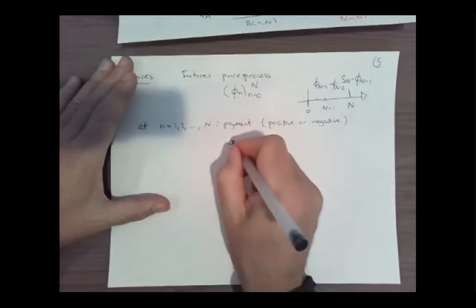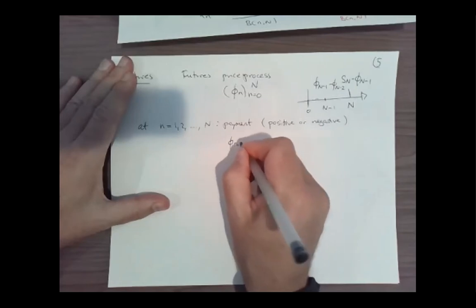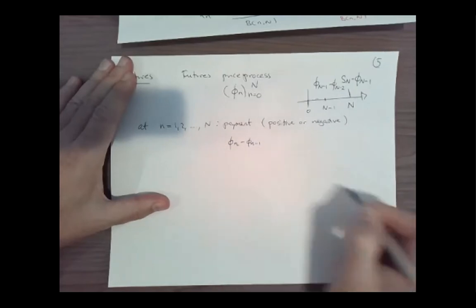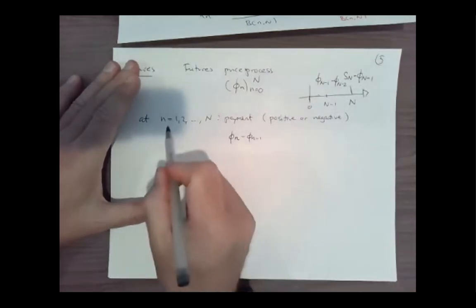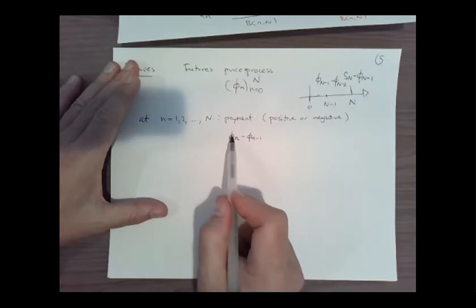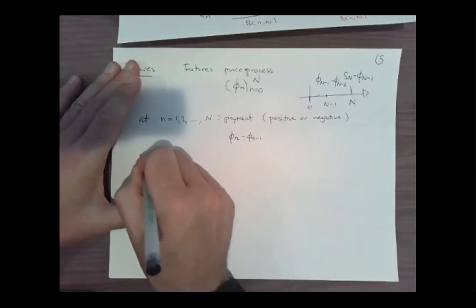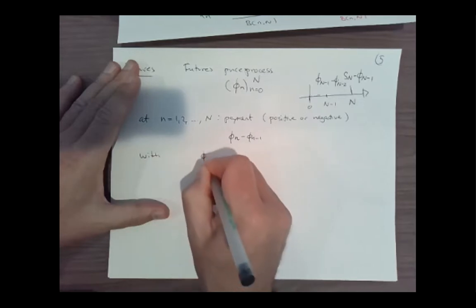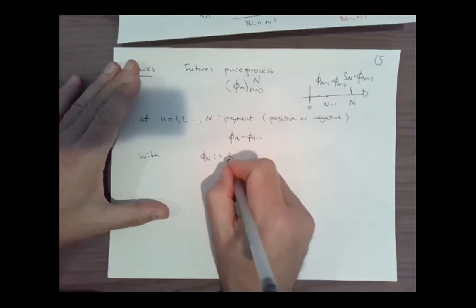There'll be this payment phi n minus phi n minus 1. And then if we want to have this formula, we need to say what is phi n here, with phi n being that S we have over there.